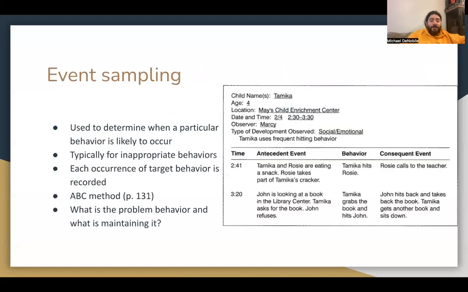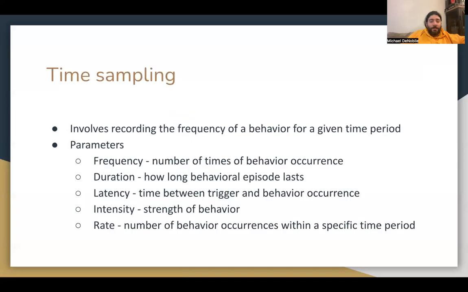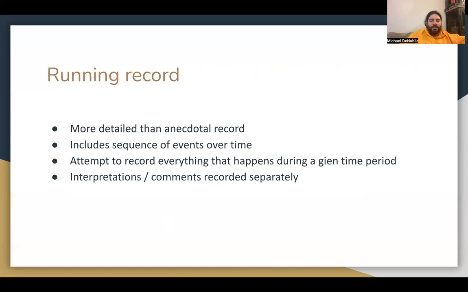So it's similar to event sampling in the type of information that you're getting, but there's more numerical value here. There's more quantitative values that we're recording on top of that anecdotal piece of it.